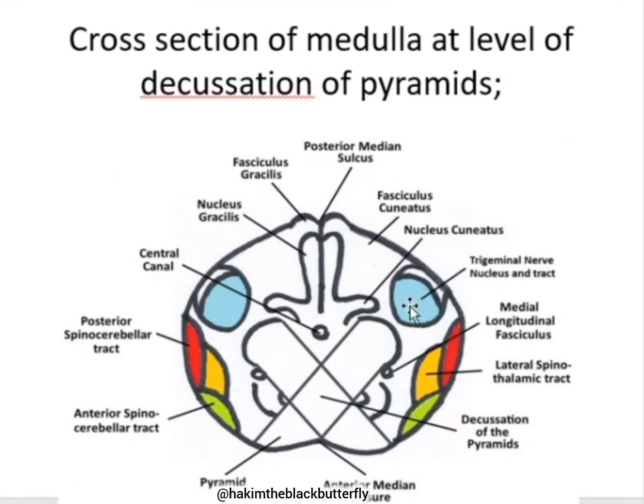Then we are going to see the spinal nucleus of the trigeminal nerve. Then we shall see the central canal, which is part of the ventricular system. And posteriorly, we are going to see the nucleus cuneatus and the nucleus gracilis for the fasciculus cuneatus and fasciculus gracilis.